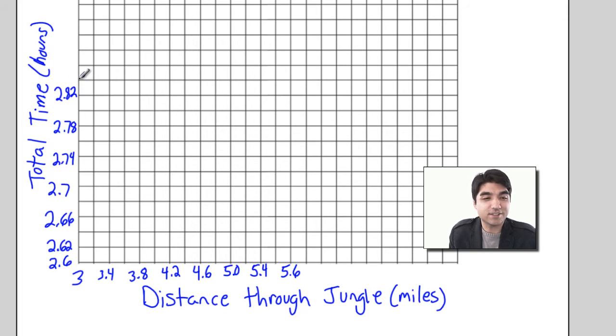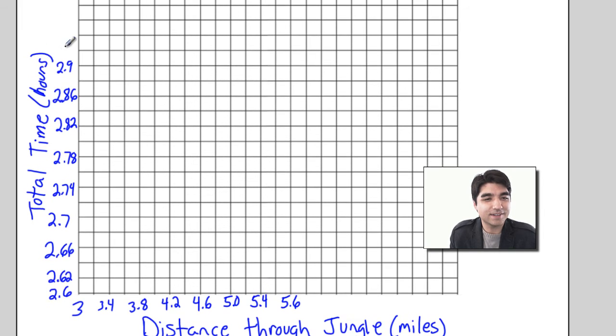It's kind of a long process, but it's not too bad. 2.84, 2.86, 2.88, 2.9, 2.92. Now I'm going to run out of space. 2.94, 2.96, it's going to be perfect, 2.98, and 3.0. Woo! Okay.